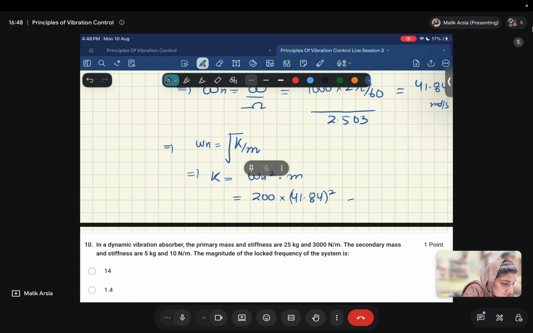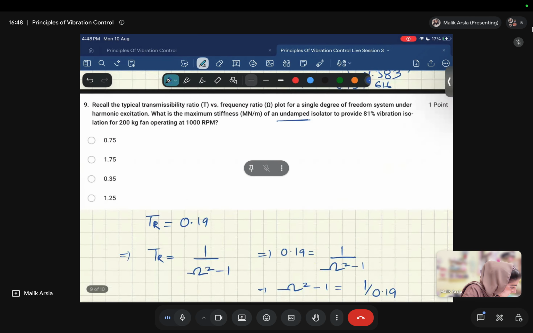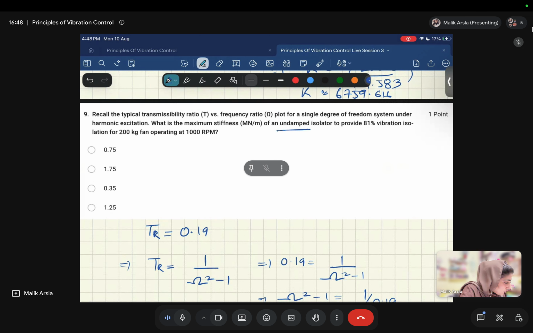So when we multiply, this is coming out to be 350,000 Newton per meter.